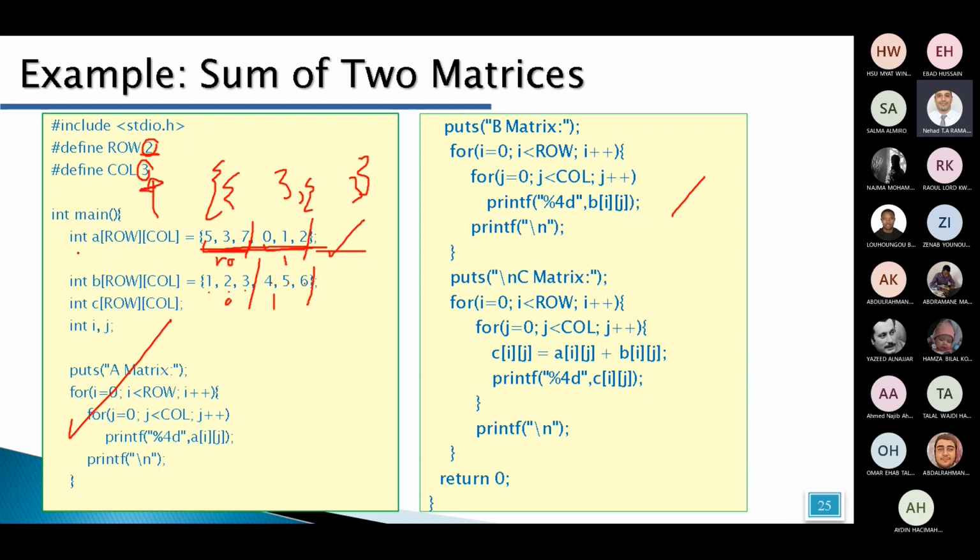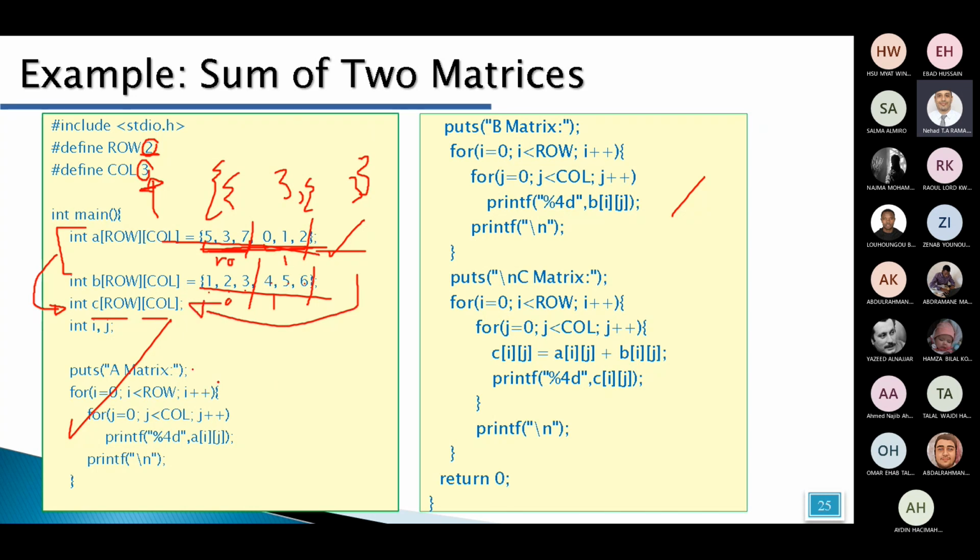Here, he makes the summation for two matrices, this example, inside another matrix. Okay, this is another example. We have two matrices and we will make the summation for these two matrices inside another matrix. So the idea, we need three matrices of the same size. We have first matrix, second matrix, and the summation will be inside the third matrix.